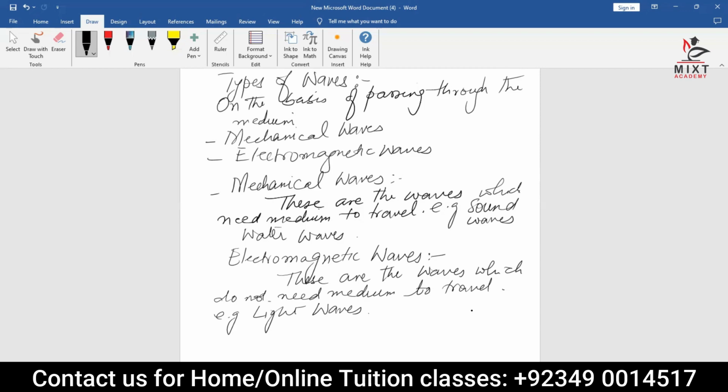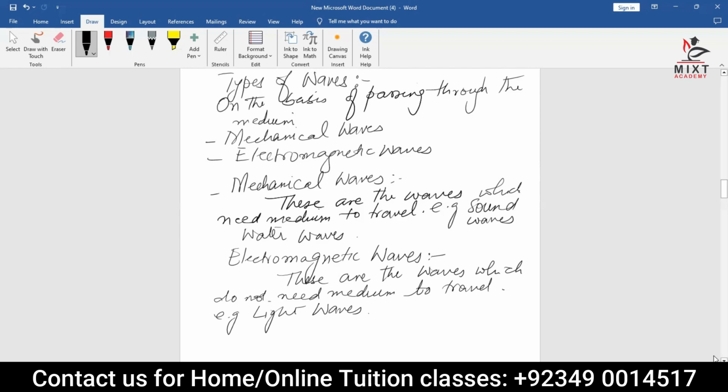So light passes through it because they are electromagnetic radiation, while sound needs medium, and that vacuum or that space does not allow sound to pass through. Because sound needs medium to travel, we will not receive any single sound from that big giant sun because they are mechanical waves. All right.